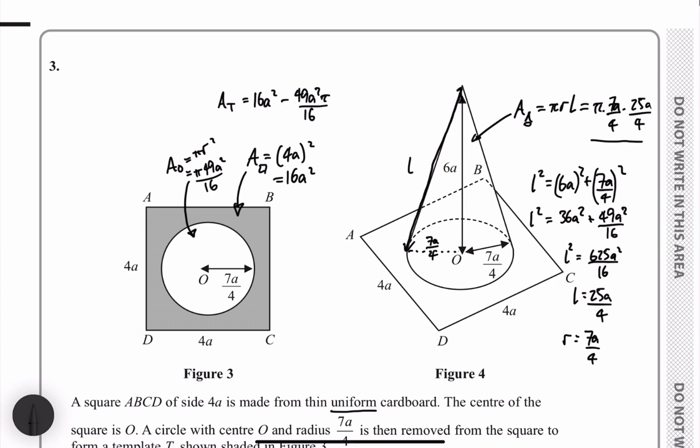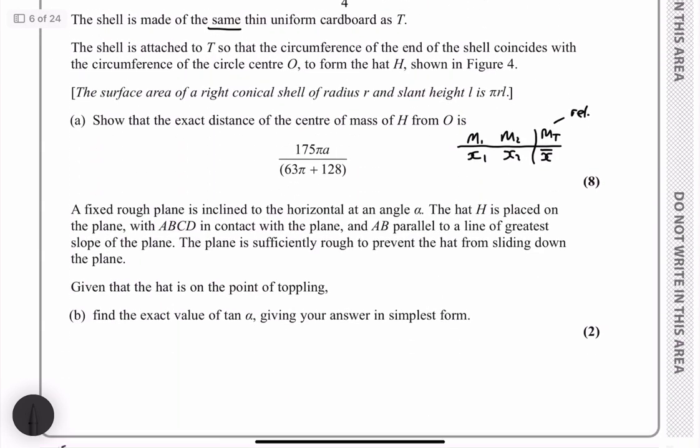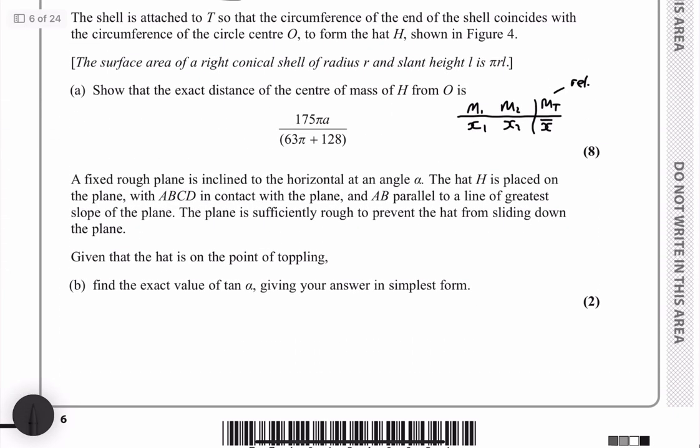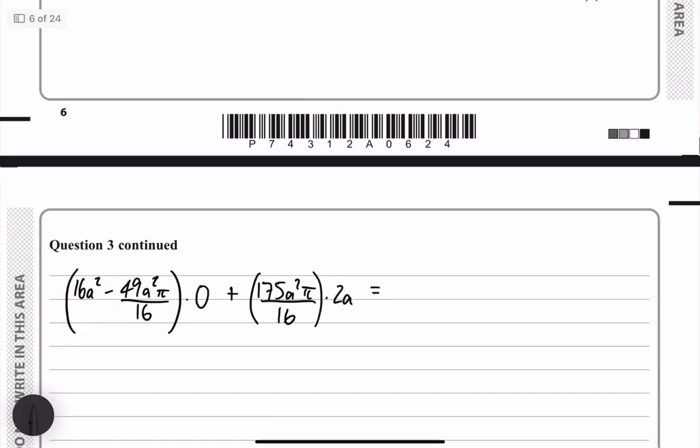And that is given as 1/3 of the distance from the center point here to the vertex. So 1/3 of this 6a here is 2a. So that's the coordinate of the center of mass of the conical part. So that's 2a there. And then all of that has to equal the total relative mass.